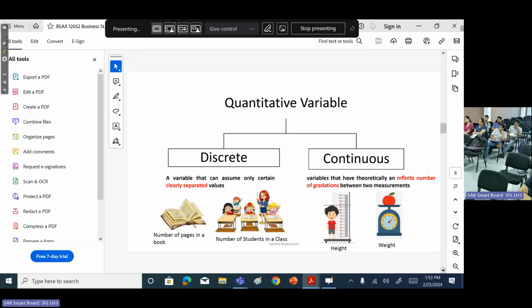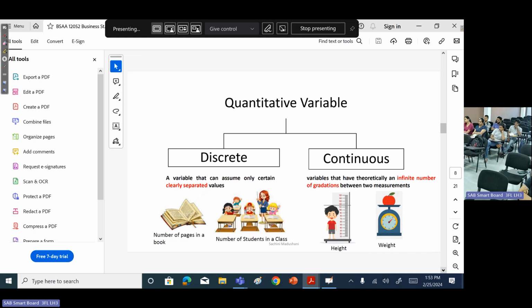We can specifically say 11 students. Then the number of children in a family, you can exactly say 4, 3, 2. Any variable that can be expressed using certain clearly separated values.